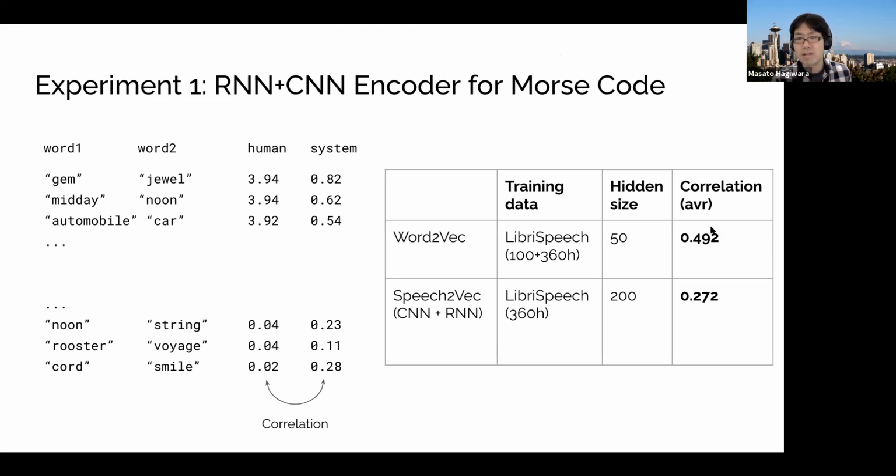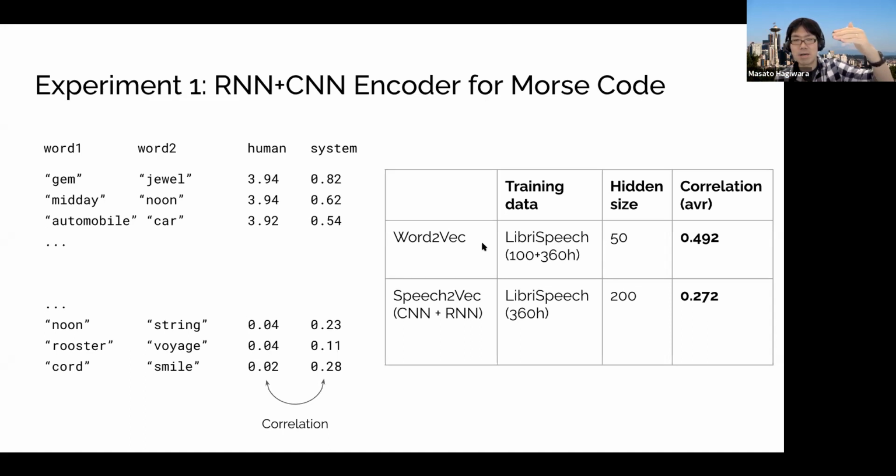If you look at the correlation values, if you use word2vec, by which I mean a situation where you know the exact identities of words, so it doesn't use any audio, it just uses, here is the word bark, here is the word dog, and computes the word embeddings based on the exact identities of words. It's kind of cheating, but we were interested in how high the correlation goes.